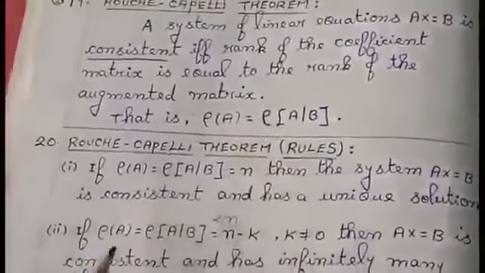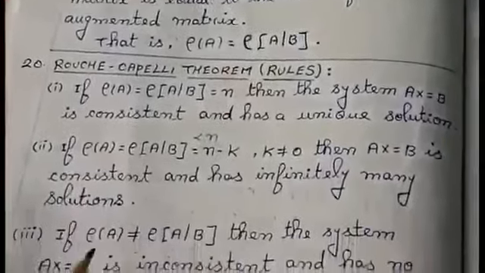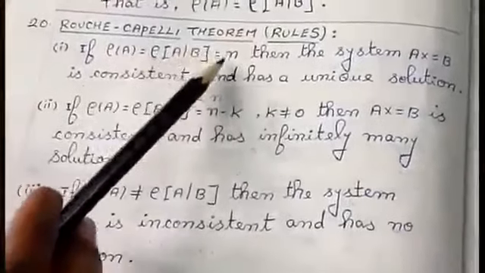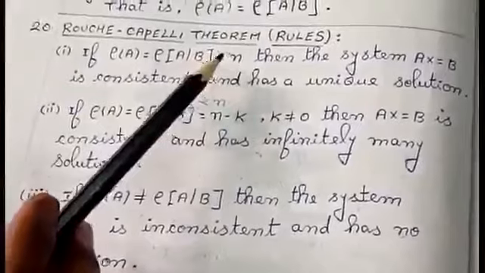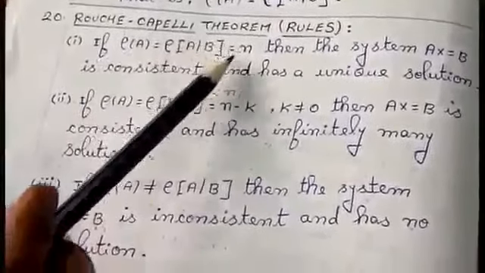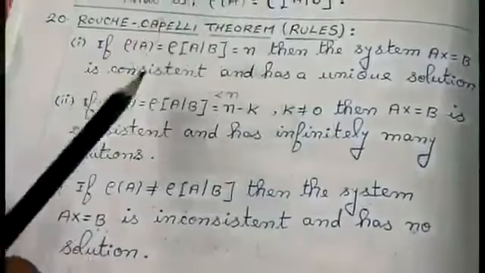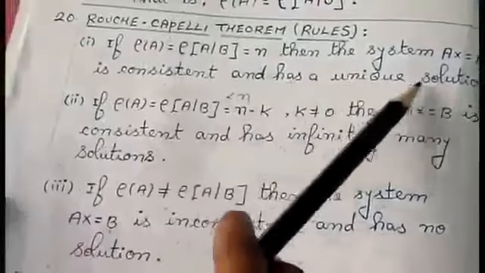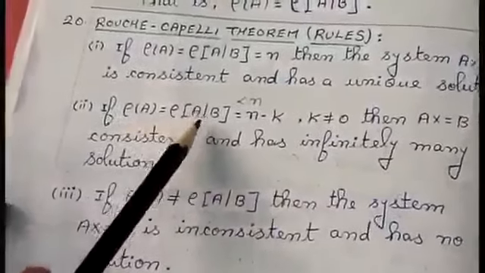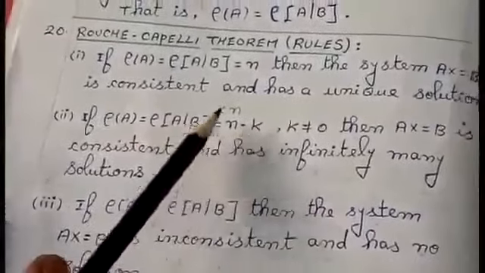We have three conditions here. The first one: if rank of A equals rank of AB equals n, where n is the number of unknowns, then I can say it is consistent and has a unique solution. Second, rank of A equals rank of AB equals n minus k, that is less than n.